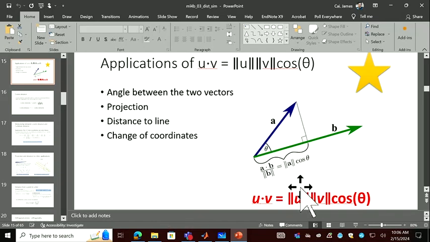So when we have these two bars around the vector, that means it's a norm, how long this vector is. Based on the definition of cosine, the length of A times cosine should be this part.